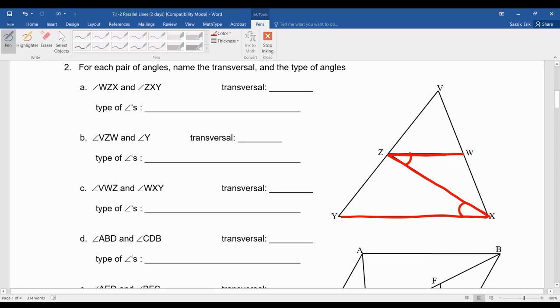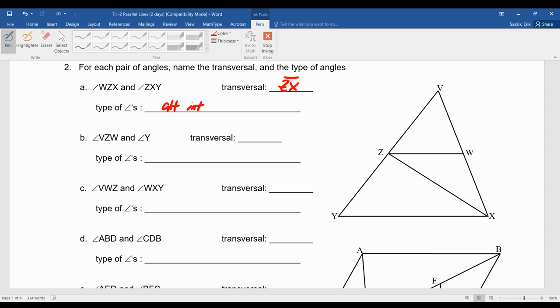You see the Z shape makes alternate interior, alternate exterior. These are alternate interior, right? Transversal would be ZX. Okay, so these are the lines. This is the transversal.